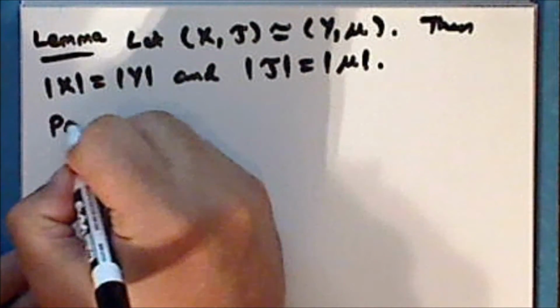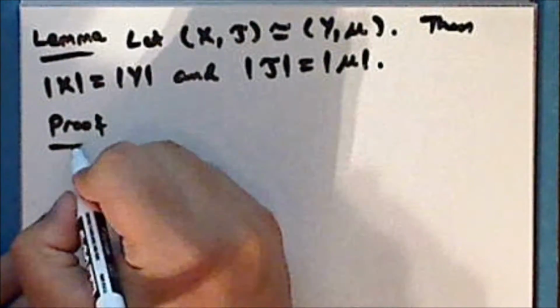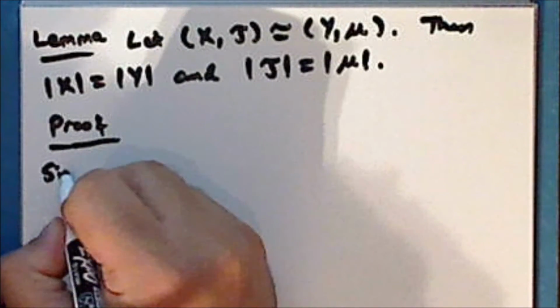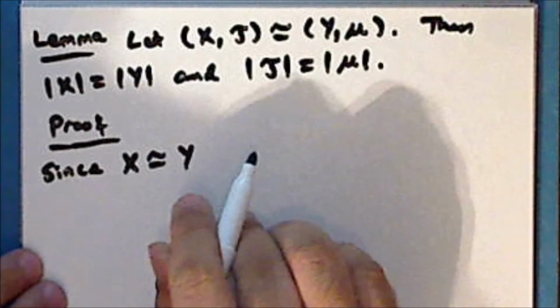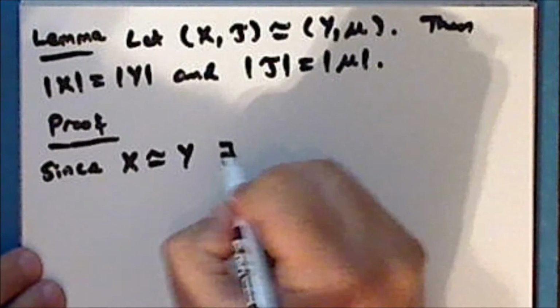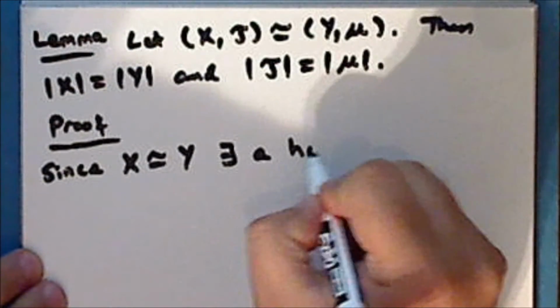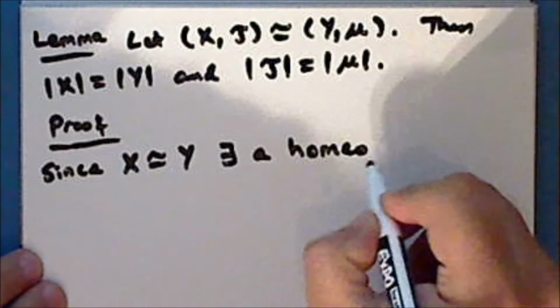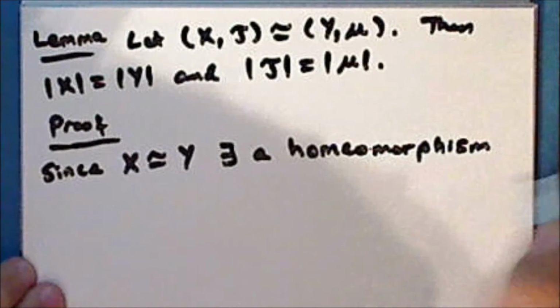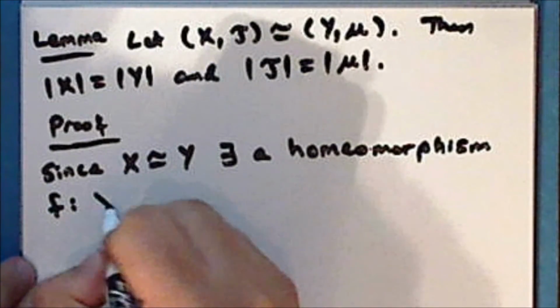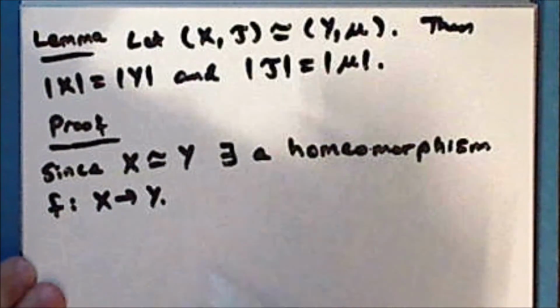So proof. Now, since the space X is homeomorphic to the space Y, there exists a homeomorphism which we will call F, mapping X into Y.